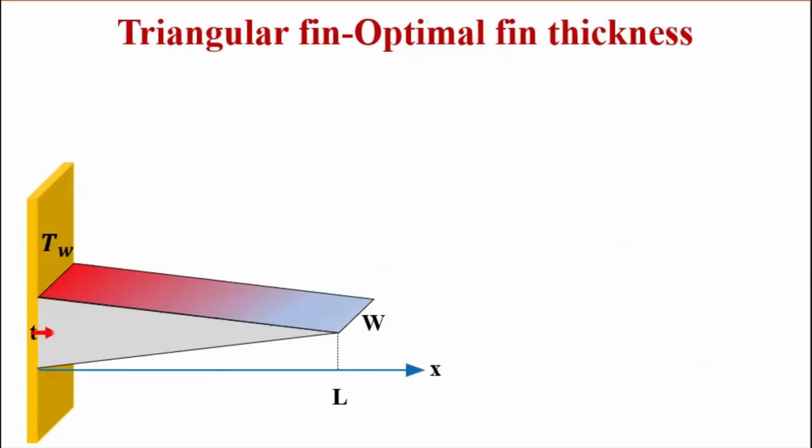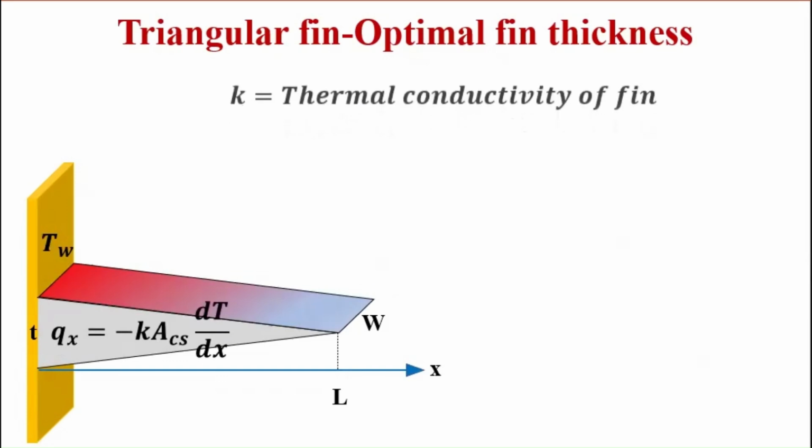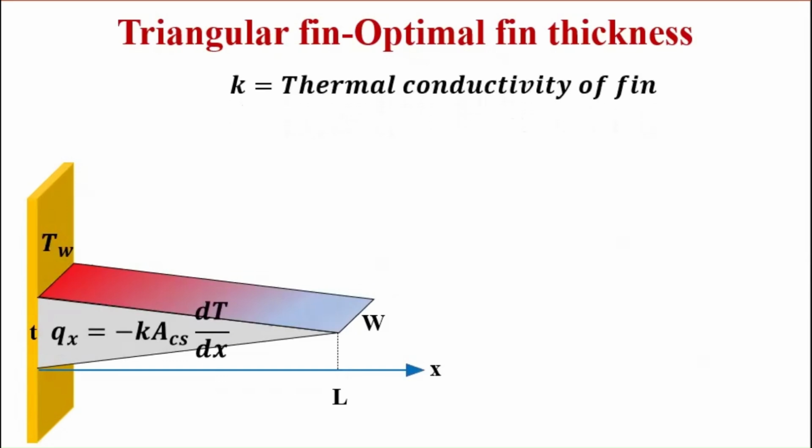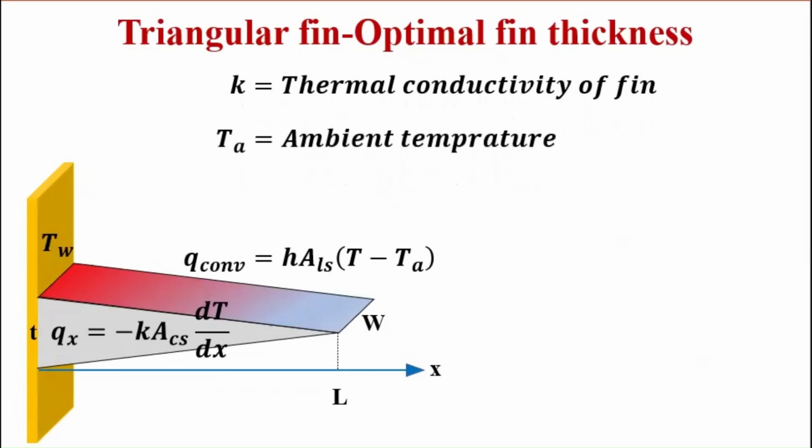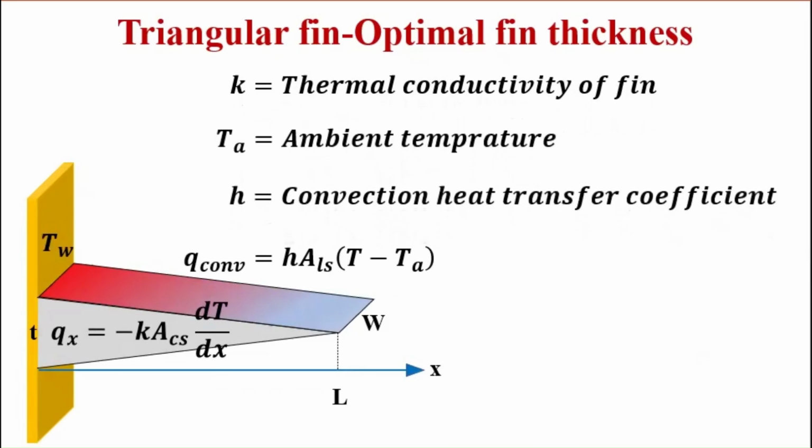Heat is transferred from the wall to the fin by conduction, with a known thermal conductivity, and from the fin to the surrounding fluid by convection through the fin's lateral surfaces. The surrounding fluid is at a known temperature, and the convective heat transfer coefficient between the fin surface and the fluid is given.